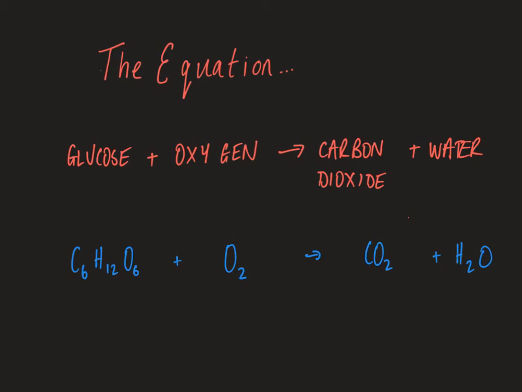So C6H12O6 plus O2 goes to CO2 and H2O. Because this is a symbol equation now, we do need to add some numbers in, and it's all sixes: 6, 6, 6, 6. So C6H12O6 plus 6O2 goes to 6CO2 plus 6H2O, and of course energy, which is in the form of ATP.